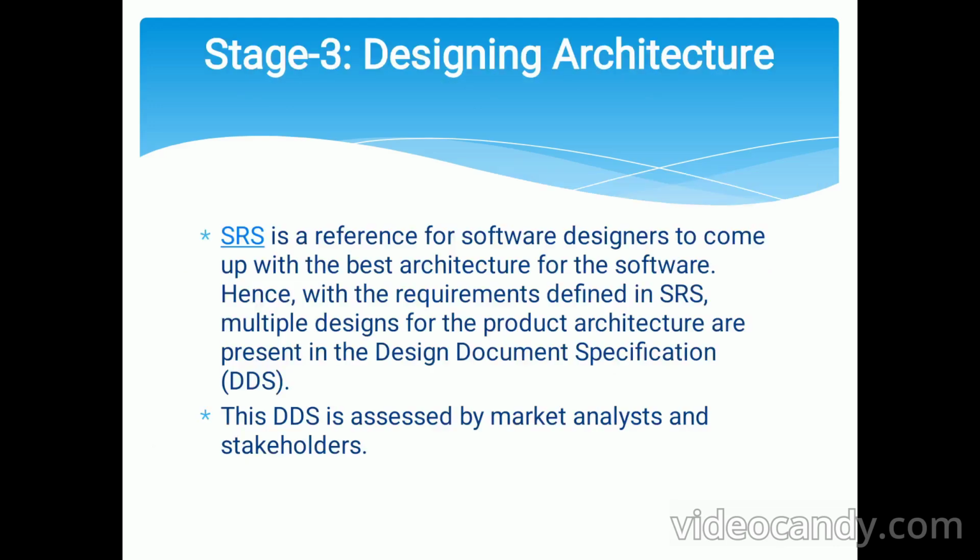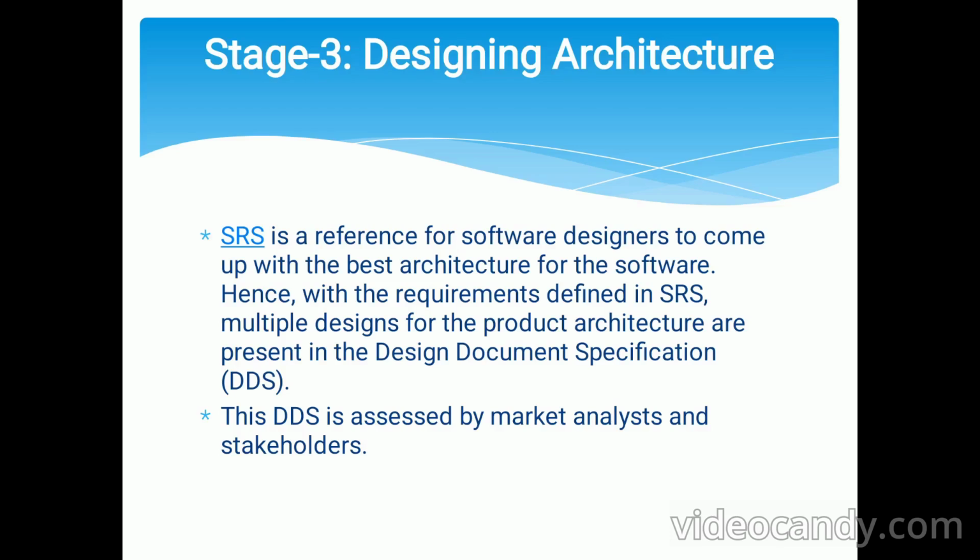The third stage is called designing architecture. The architecture is a concept of various methodologies, strategies, planned activities and rules and regulations undertaken for the development of an individual software product. It is also called the design document specifications.